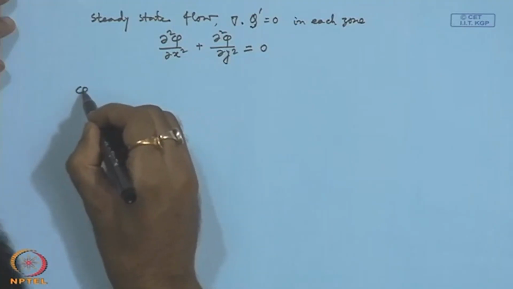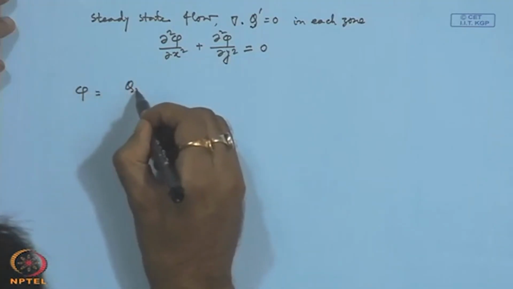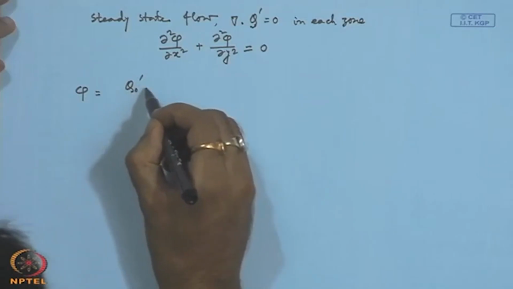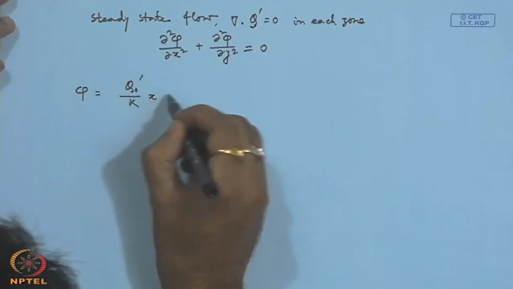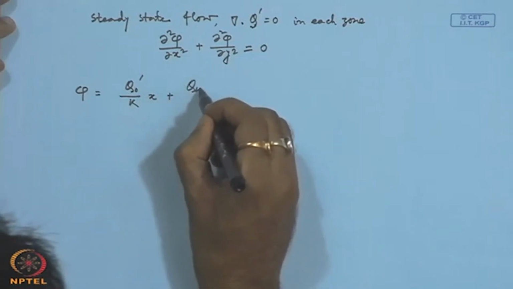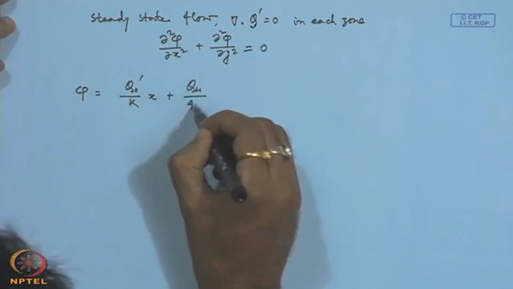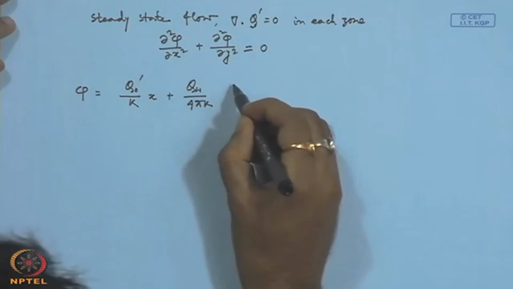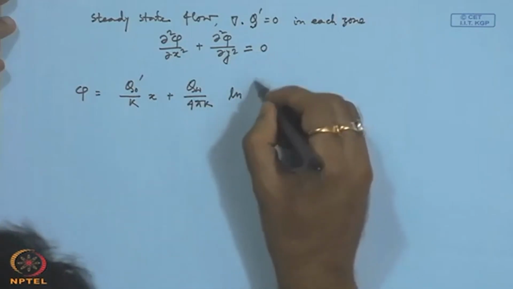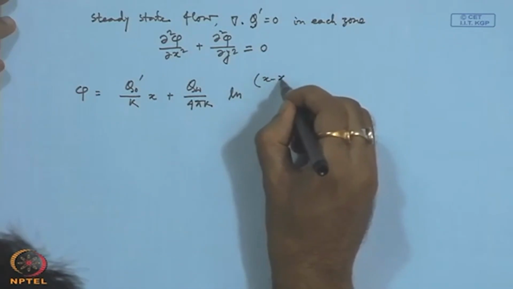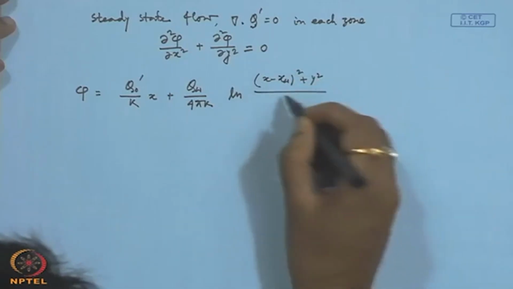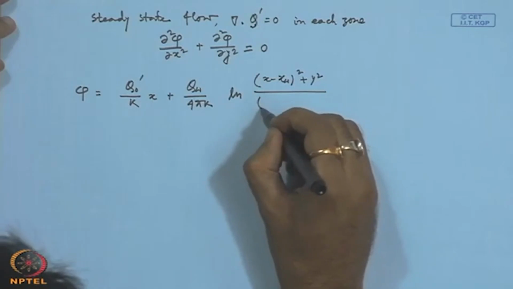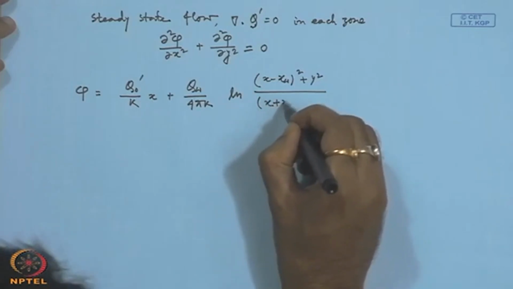phi equals q naught prime x plus Q_w over 4 pi k ln of x minus x_w, where x_w is the location of the pumping well.